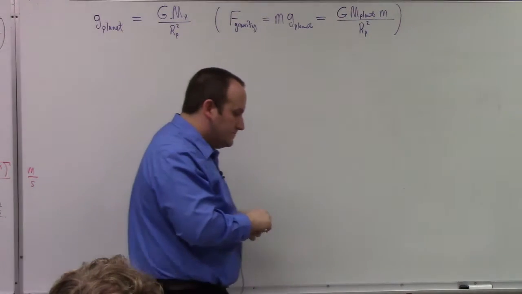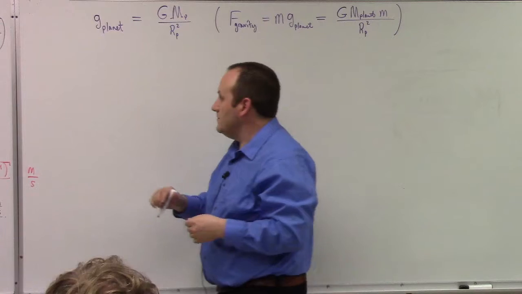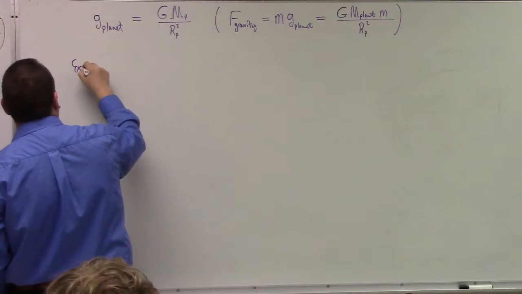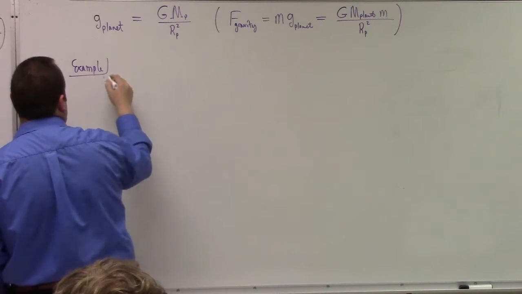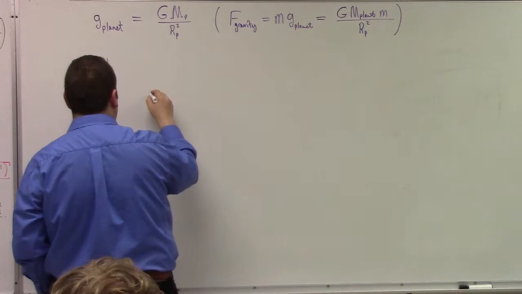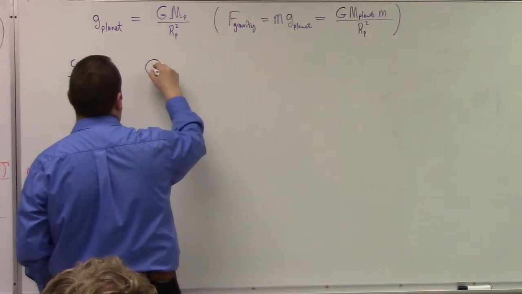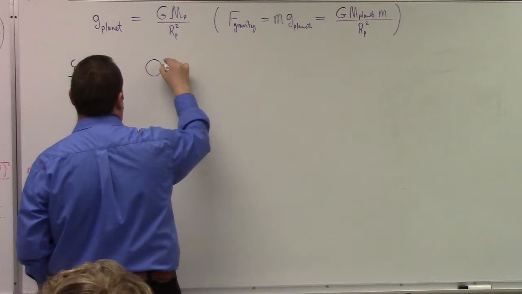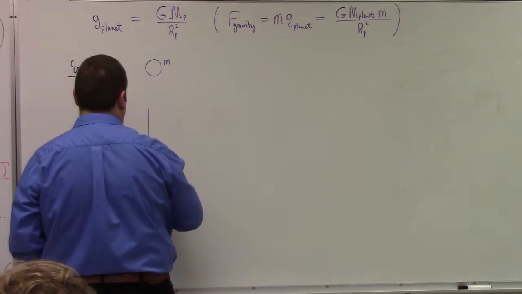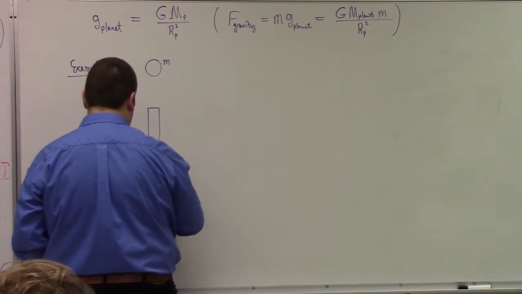So that's one example. Here's another example, and this one's a little bit different. Suppose you've got a mass here, m, and then you've got this rod, like so.